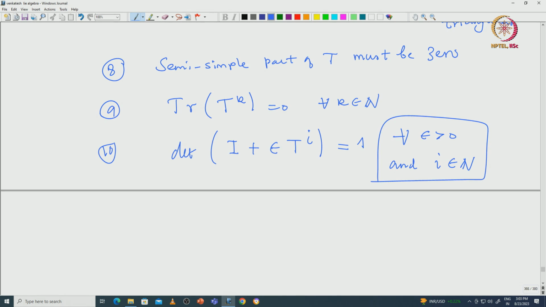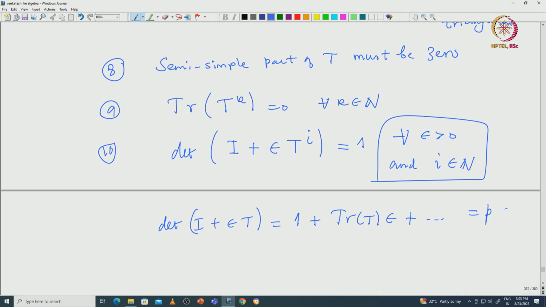Okay. What you can prove, if you think about it, is that this is a determinant of identity plus epsilon times T. So, this will be a polynomial in epsilon, where the initial terms will be 1 plus trace of T times epsilon plus etcetera.